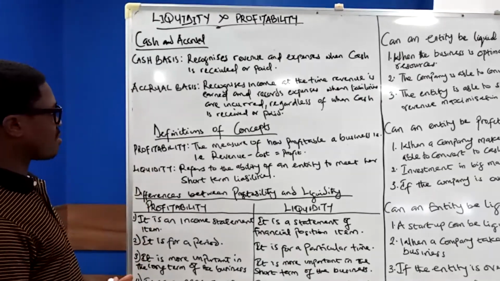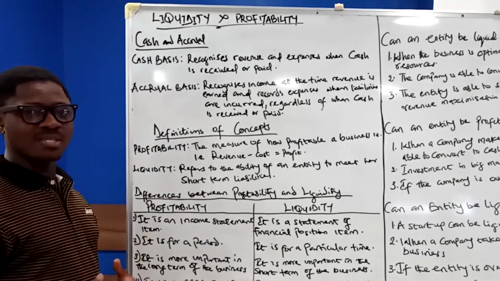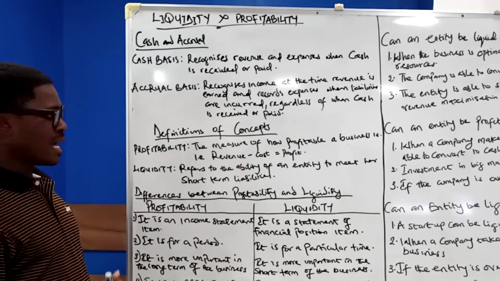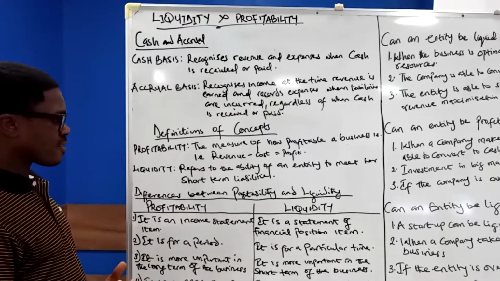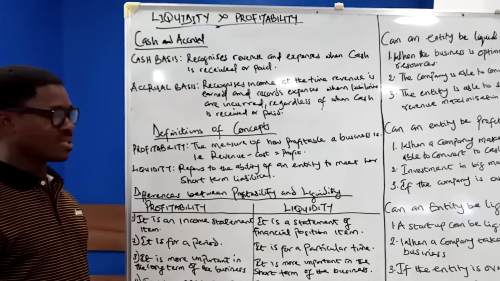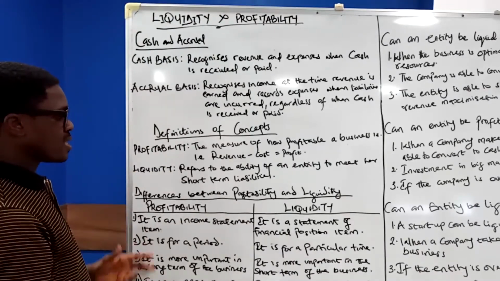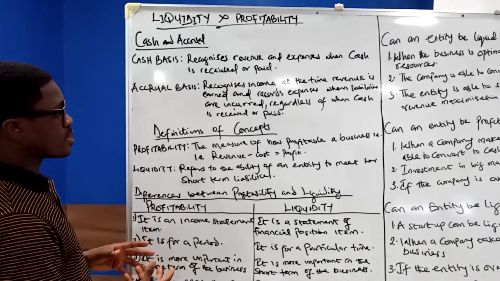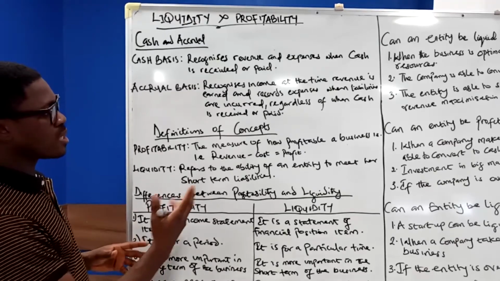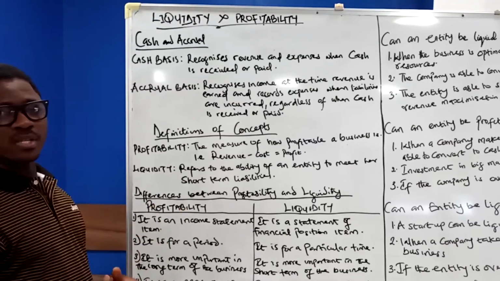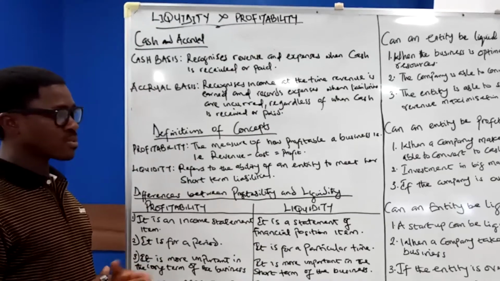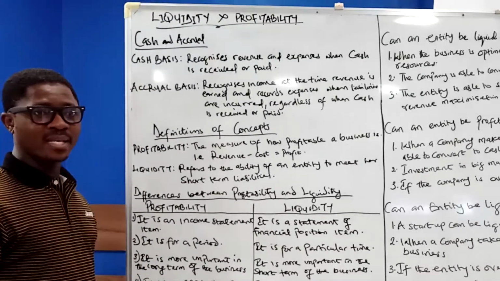After discussing cash and accrual basis, we'll be defining the two concepts, liquidity and profitability. And after looking at that, we will look at the differences between liquidity and profitability. After looking at these three major points, that will lay the foundation for the response to the questions I mentioned earlier.